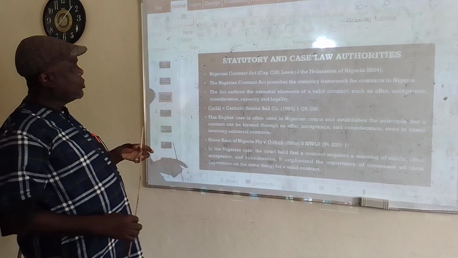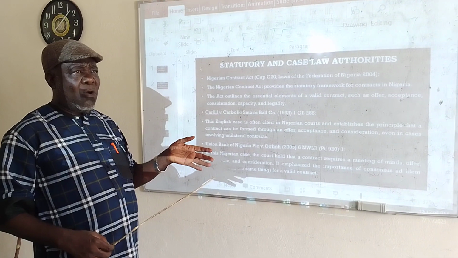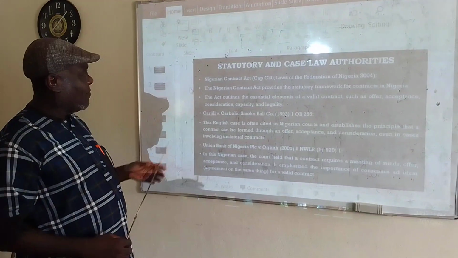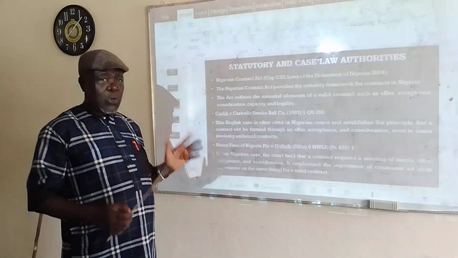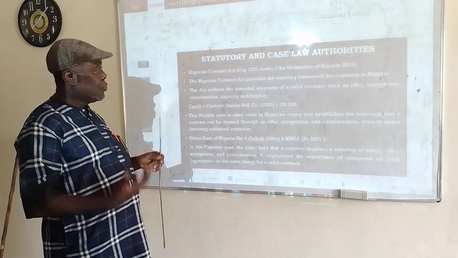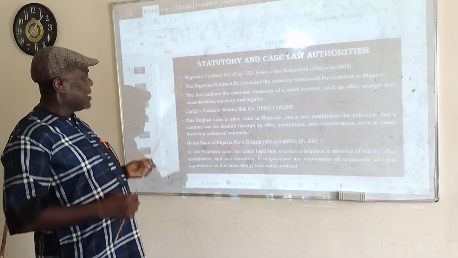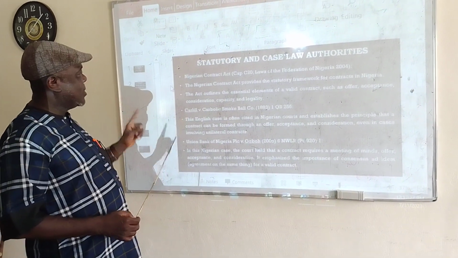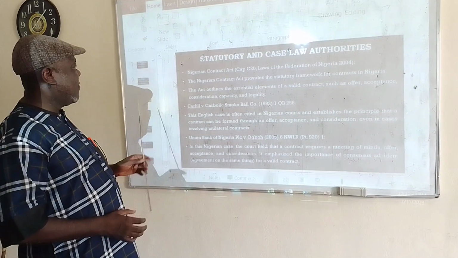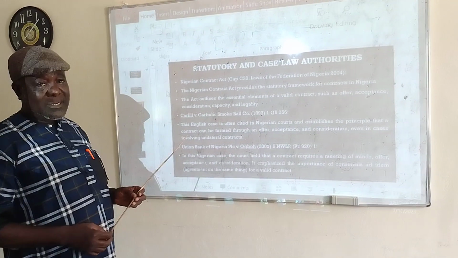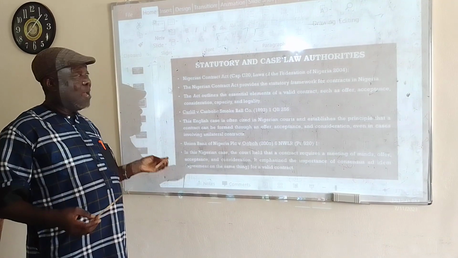Now let us look at the statutory and case law authorities that support our definition of what a contract is, as we have earlier mentioned in the first slide. Now we have 2 categories of authorities. We have the statutory authority, and then we have case law authorities. Now, under the statutory authorities, the most important law that governs or defines law of contract in Nigeria, for instance, is what we call the Nigerian Contract Act, which is Cap C20, Laws of the Federation of Nigeria 2004.